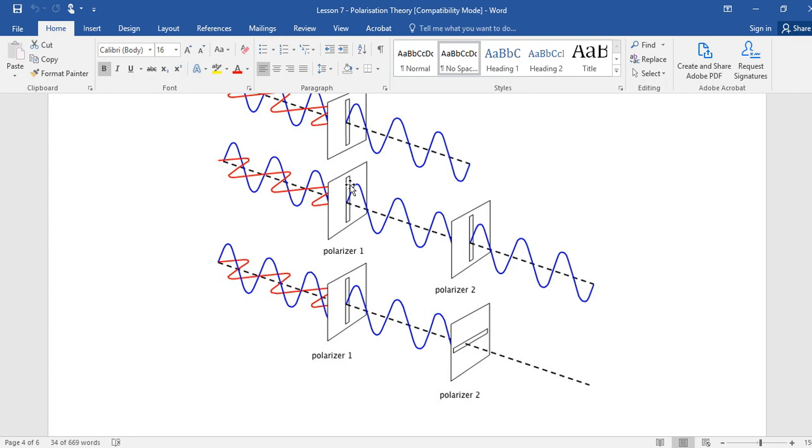So you can see here that the first polarizer has a vertically oriented plane of polarization, and so does the second polarizer. So only the vertical electric field is allowed through from the first one, and then because that can nicely fit through that slot, it's all going to go through the second one, and this area has the same intensity as this one.